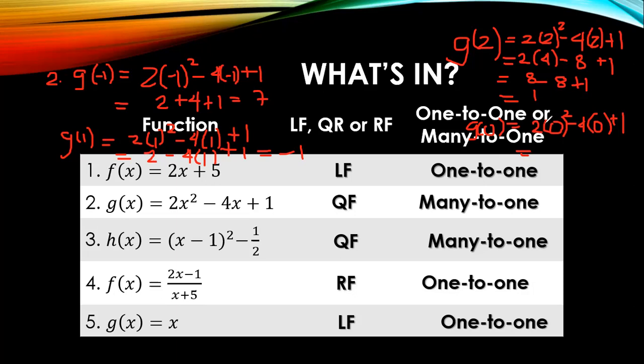So, pansin natin, 0 squared times 2, 0 na yan. 4 times 0 is 0 din. So, ang natira ay 1. Okay? So, for x values of 0 and 2, nag-share sila ng the same y value, which is 1. Okay? So, thus, this is considered a many-to-one function, yung number 2. Okay?